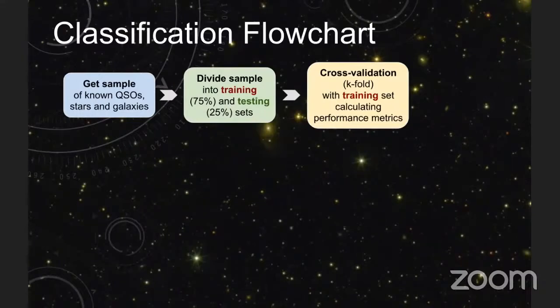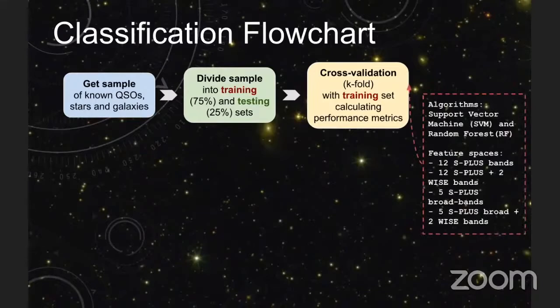The models we compared use different algorithms like support vector machines and random forest. For this presentation, I will only show results from the random forest because it gave better performance than SVM. We also compare some feature spaces in order to check the importance of the 7 narrow bands and the WISE bands. I show these in the results.